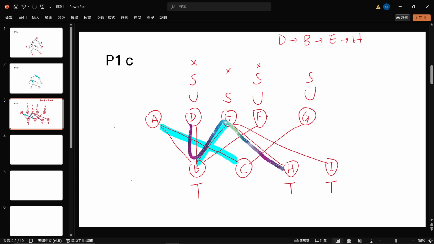Starting from F, we can reach B, but B is already in T. And then starting from G, we can reach C, which will then lead us to A. It turns out that all the vertices in X are in S, and all the vertices in Y are in T.